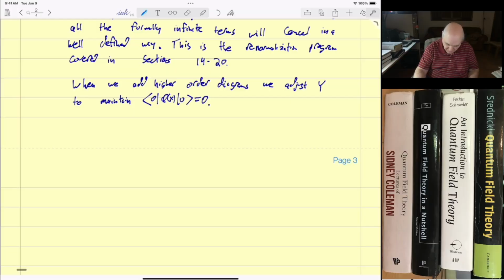So the value of y is determined order by order in powers of g.